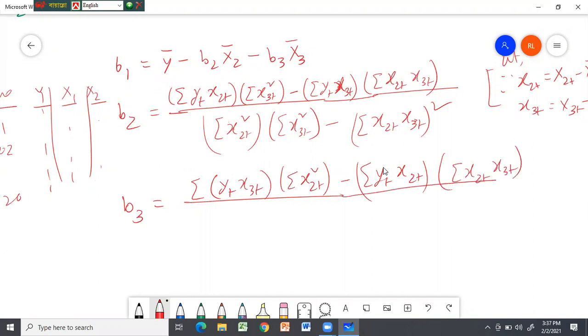In the denominator portion this will remain the same, because if you take the summation of x3t square and multiply by the summation of x2t square, it will remain the same because they are in the multiplicative form.